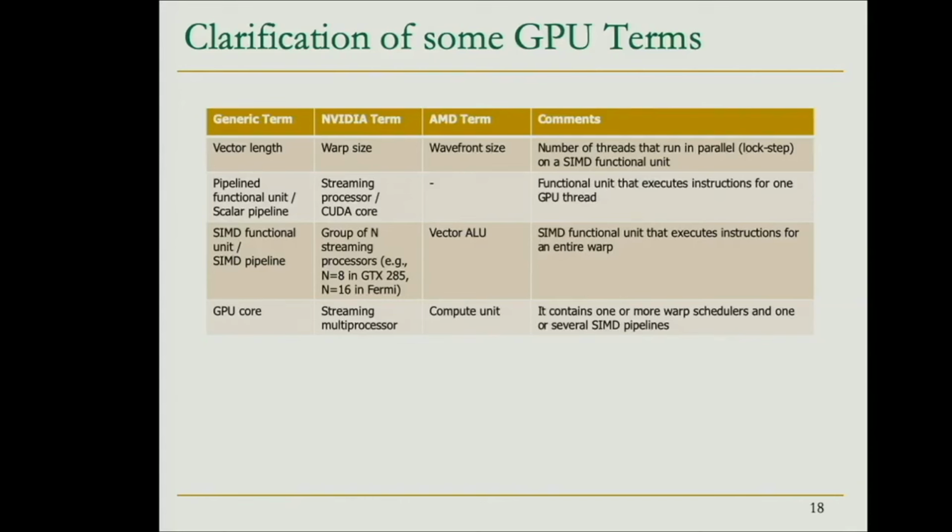So, for example, when I talk about GPU core, it is what NVIDIA calls a streaming multiprocessor, and inside a streaming multiprocessor, what we have is what NVIDIA calls streaming processors, and this is for us a SIMD pipeline or SIMD functional unit.